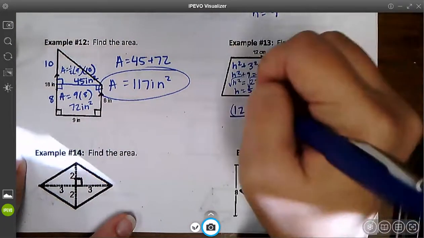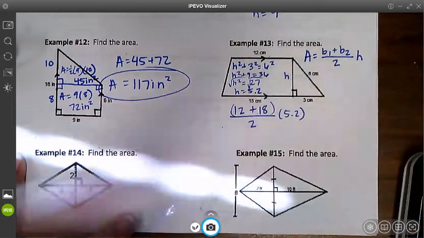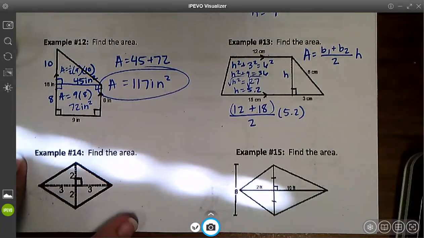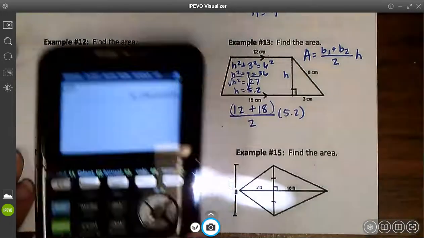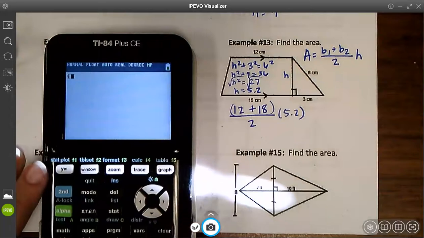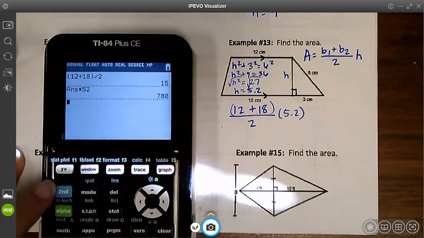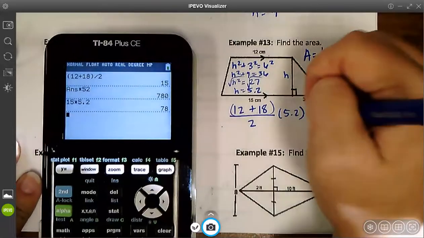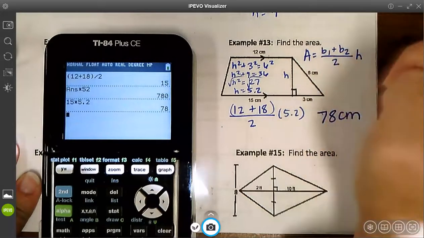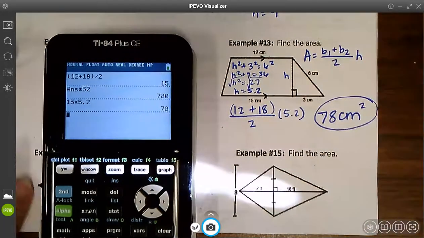So then we're multiplying this by 5.2. So now I'm going to plug that into my calculator. I have 12 plus 18 divided by 2 times 5.2. Oops, 15 times 5.2 is 78 centimeters squared.